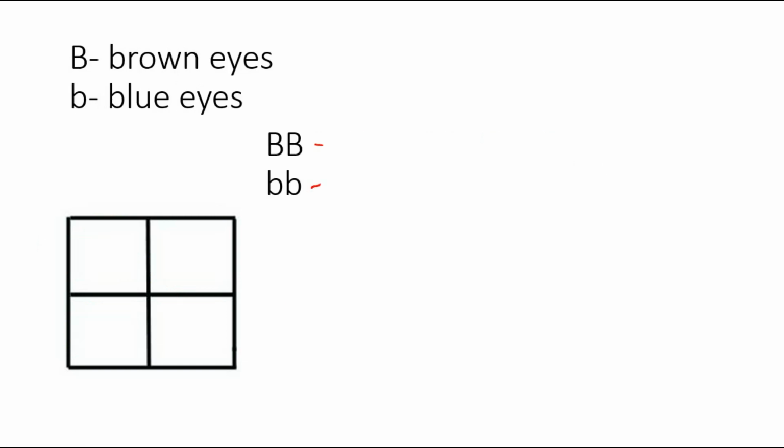For our next example, we have here the alleles capital letter B, which means brown eyes, and small letter b, which means blue eyes. So let's say, for example, these are the parents. We have the first parent and the second parent. The first parent is basically homozygous dominant. Okay? And then the second parent will be homozygous recessive.